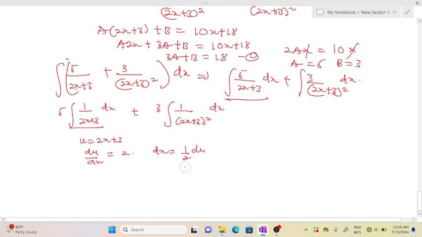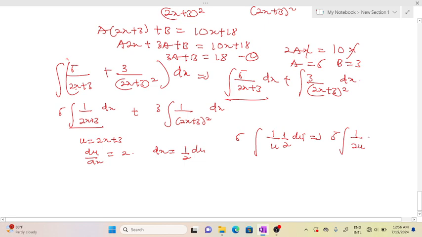So I'll have 5 out, integral of what? 1 over u, but my dx becomes 1 over 2 du, right? So therefore my expression goes 5 integral of 1 over 2u, then I'll have my du.